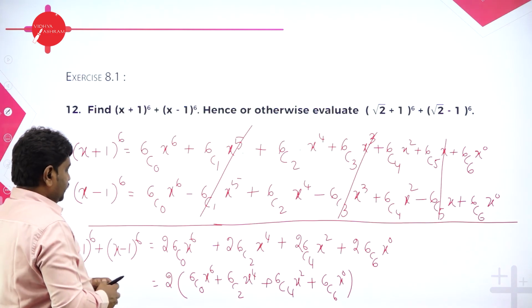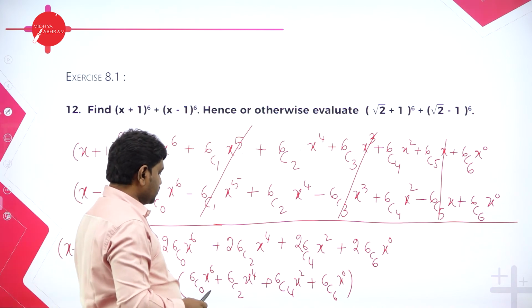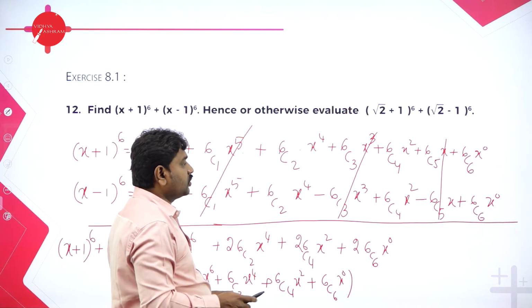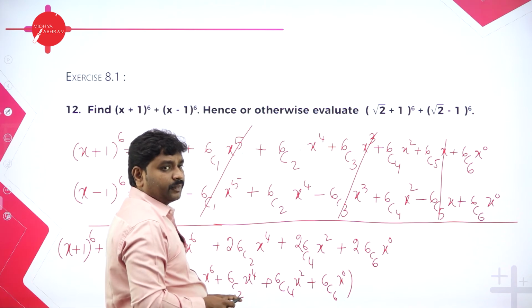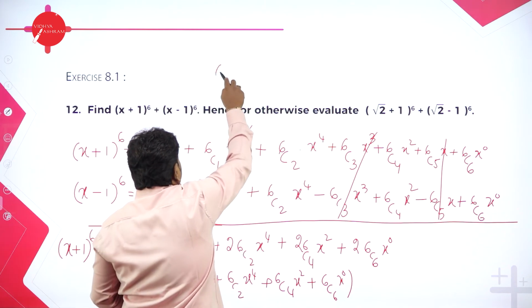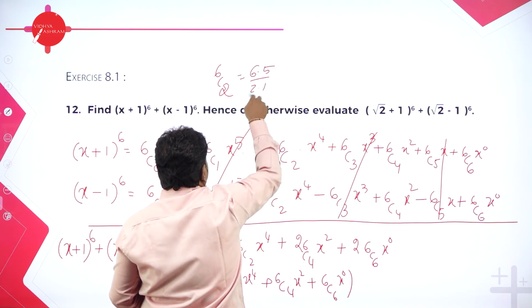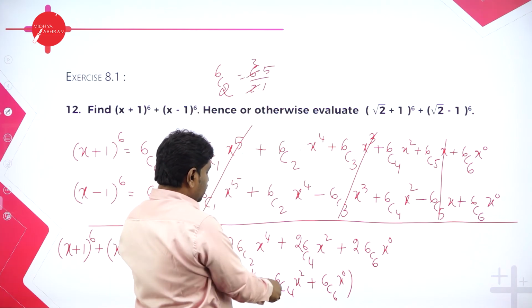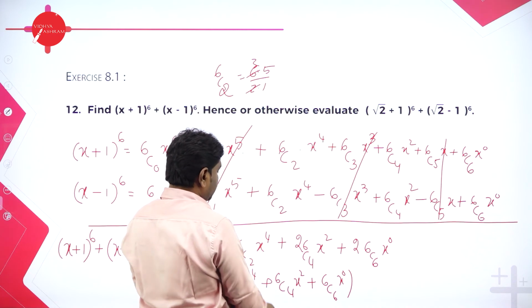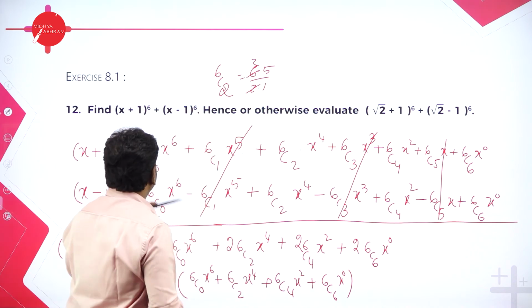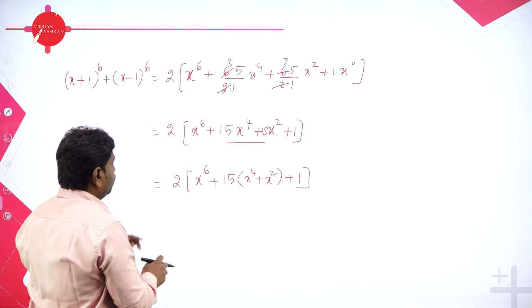See here, 6C naught is 1, this will be x power 6. 6C2 is 6 into 5 divided by 2 into 1. 2 ones are 2, 3s are 15, this is 6C2, it will be 15, this is 1. So the last term is 1, that's it. So now we got this.